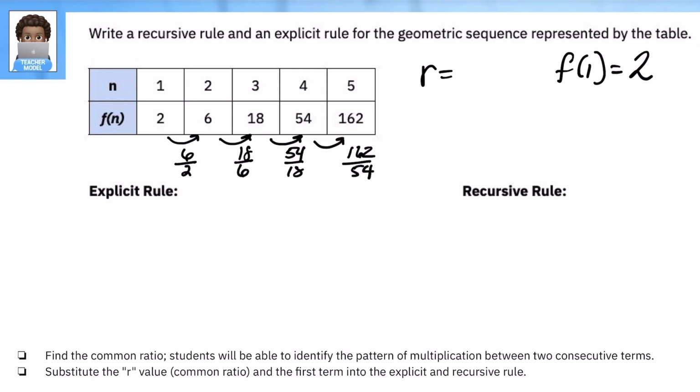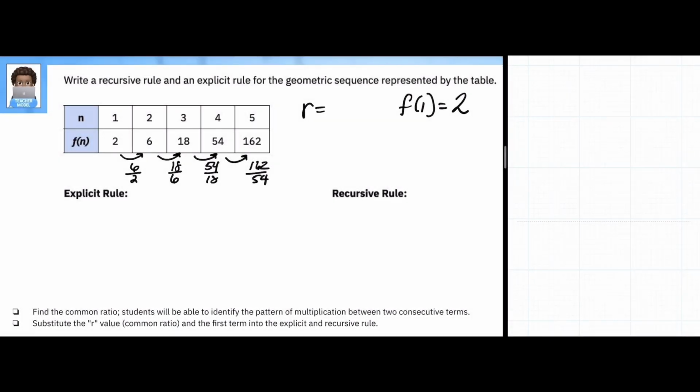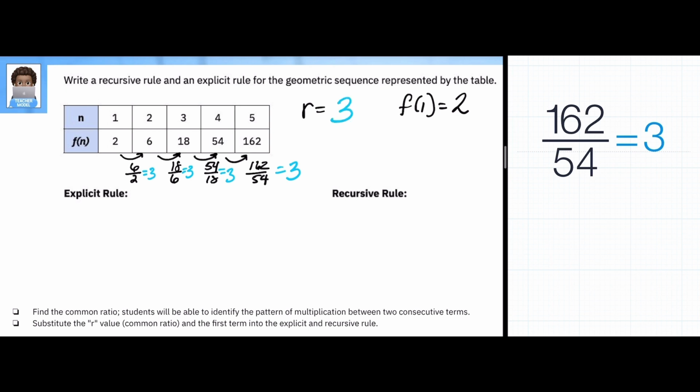So let's set up that calculator. The first two are pretty easy. I can see the common ratio is just 3, but let's just make sure with the other ones. 54 over 18, 3. And 162 over 54, 3. So our common ratio is 3.